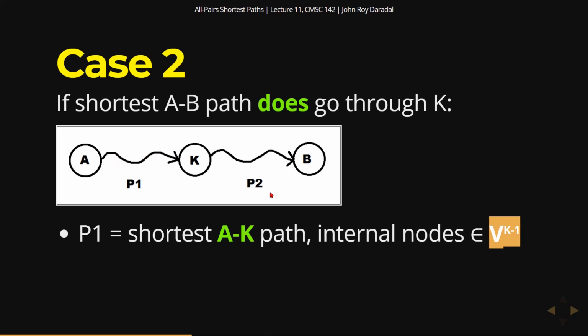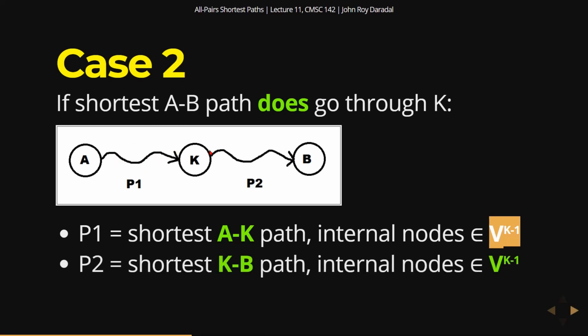Whereas in P2, this would be the shortest K to B path. Okay, so from K to B, using also internal nodes in V K minus 1. So meaning you're not also using K because it's the source. So the nodes along this path would be from 1 up to K minus 1 only.